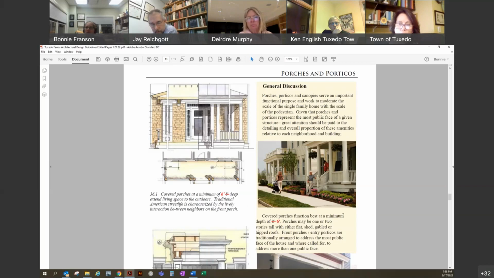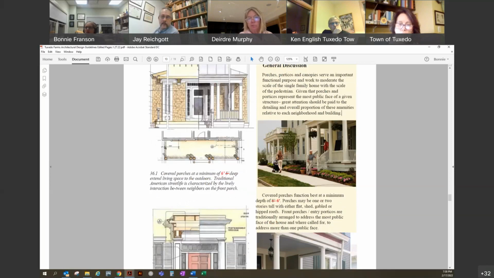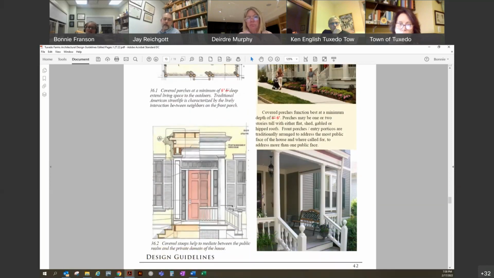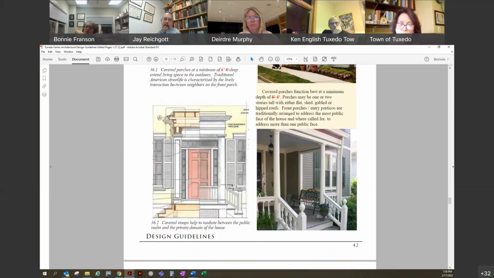And that's what the intent of this was. And so the applicant is proposing 6 feet. Again, I'm just telling you the intent, Jay, whether you allow it now or not, or care about it, that was the intent. It's this traditional neighborhood design concept.